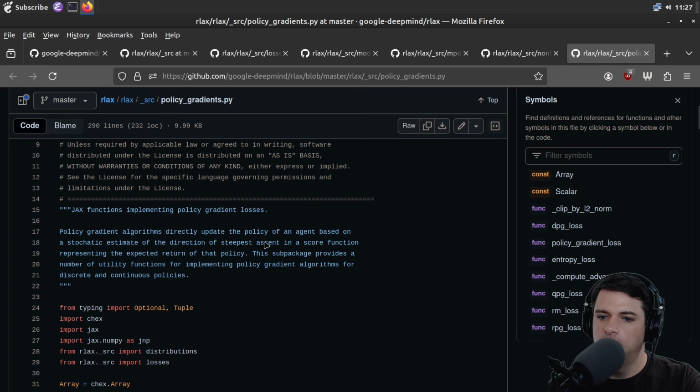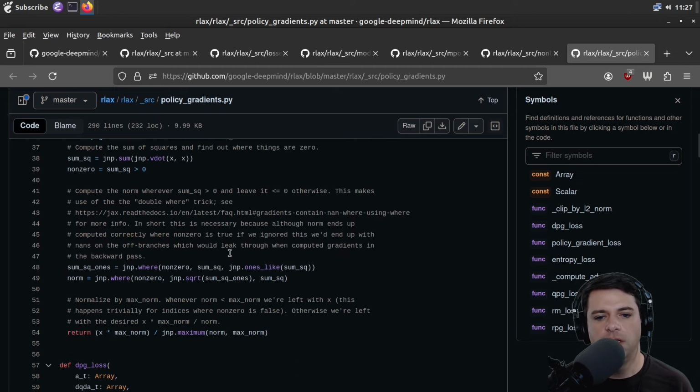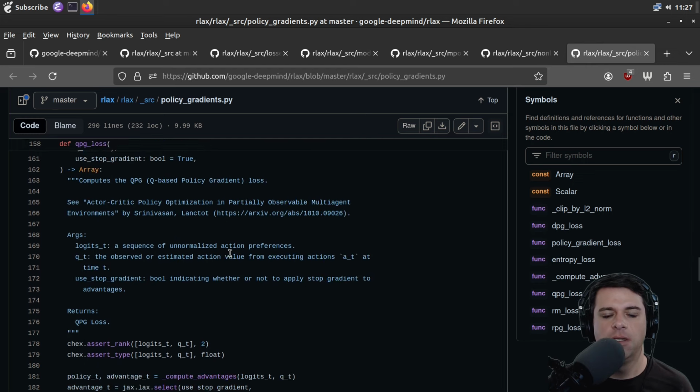Steepest ascent. It doesn't really matter whether we're maximizing or minimizing, but basically we're using the gradient to directly update the policy. And we're essentially always updating the policy to go where the gradient thinks we will go, if I'm understanding correctly.